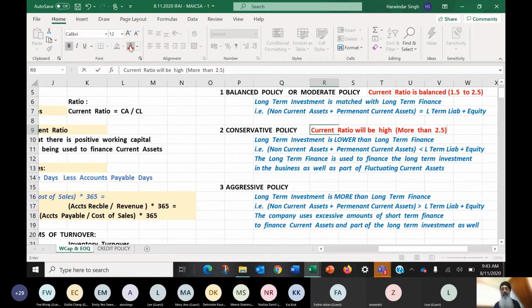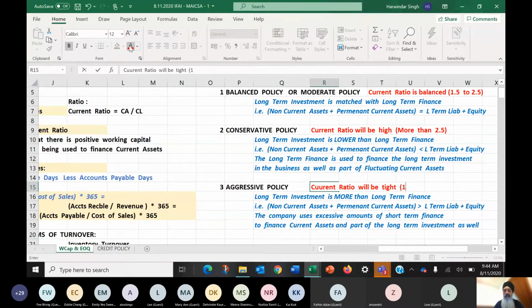So if they give you a scenario where this company has just completed an issue of bonds or sukuk, and this is their financial position now, you can expect that the current ratio will be high because they will be sitting on a lot of long-term money. They just got it. When there's an aggressive policy, the current ratio will be tight.